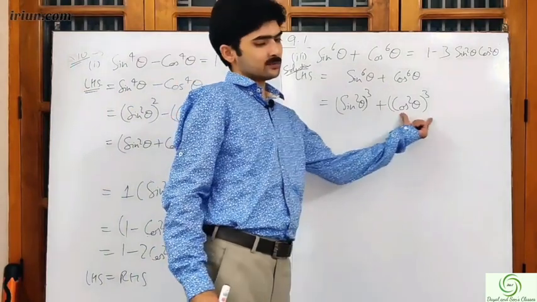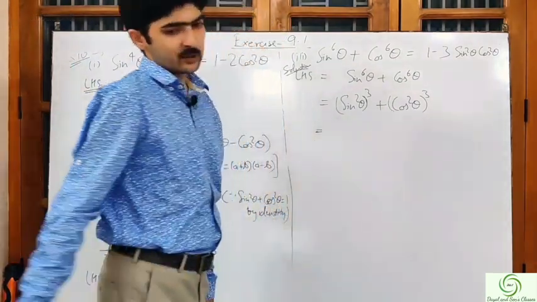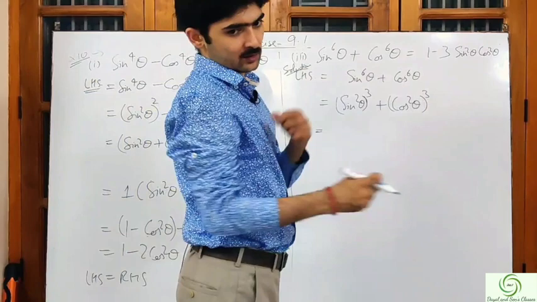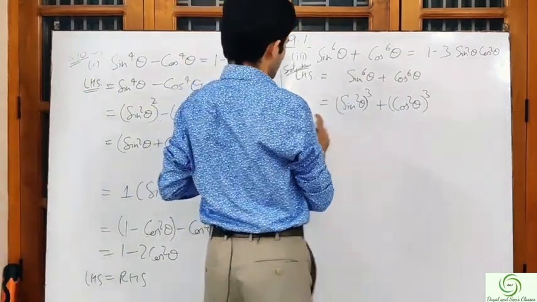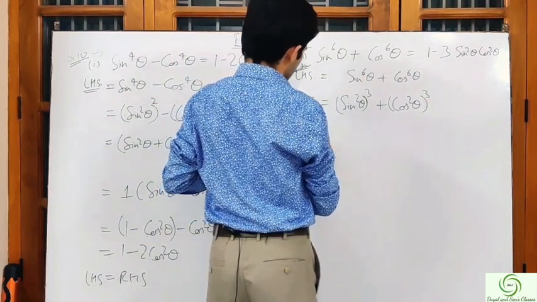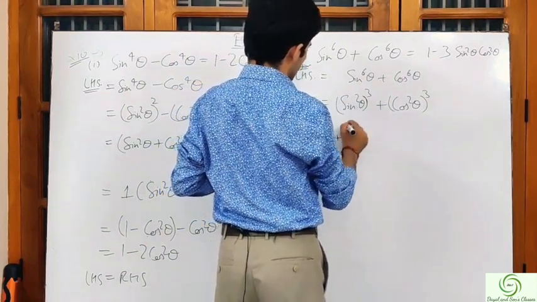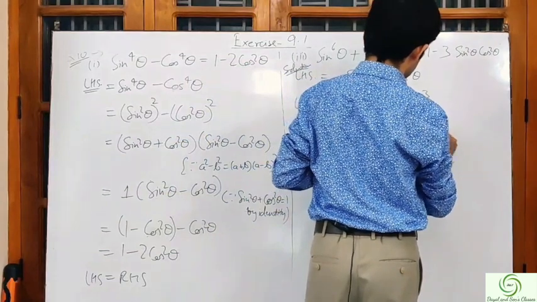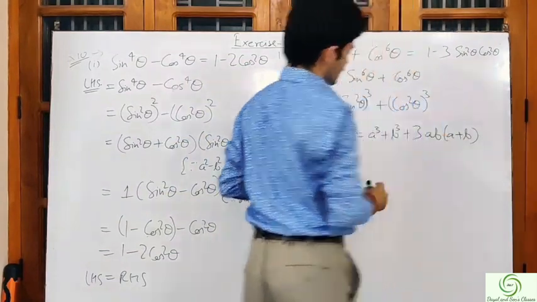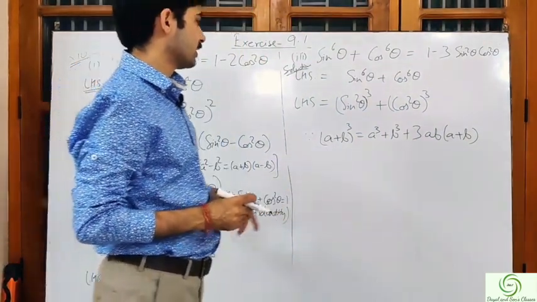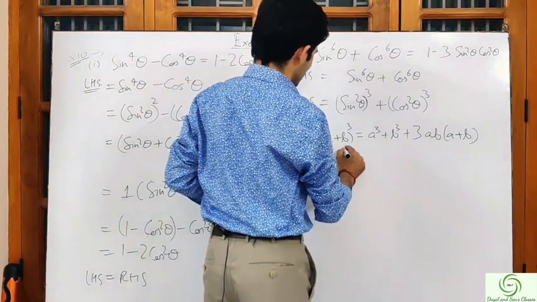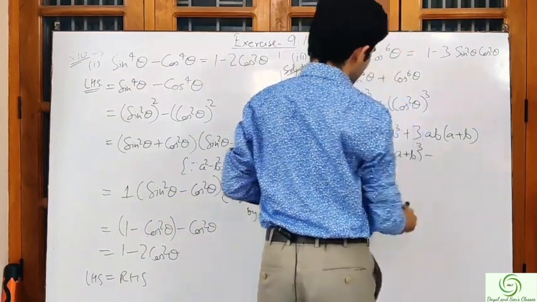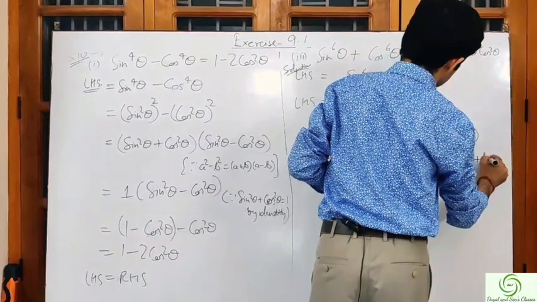Now it is a cube plus b cube. Since a plus b whole cube is equal to a cube plus b cube plus 3ab into a plus b, this implies a cube plus b cube will be equal to a plus b whole cube minus 3ab into a plus b, right?